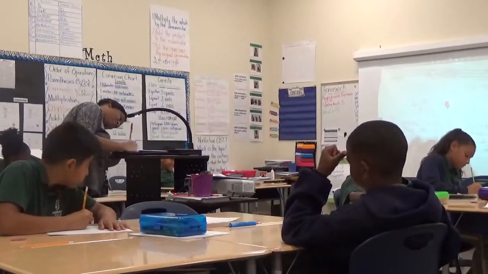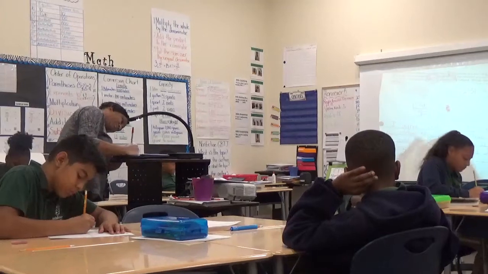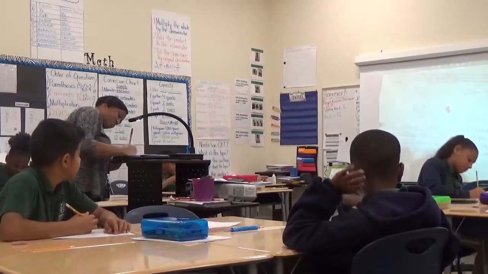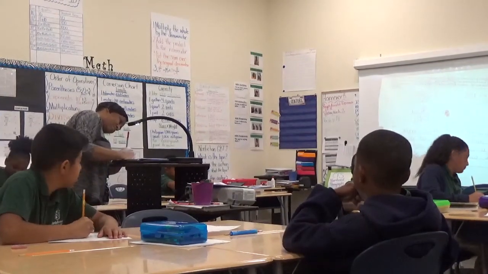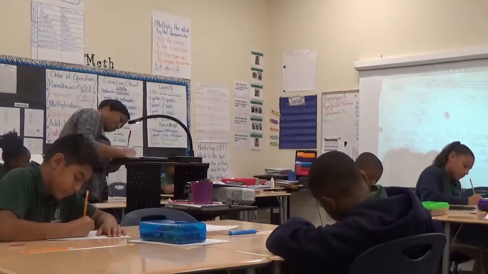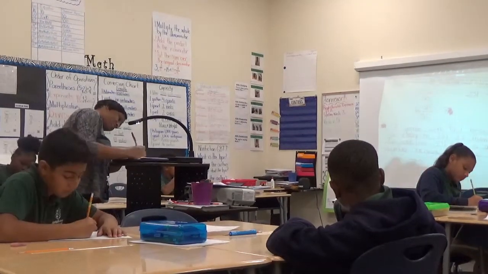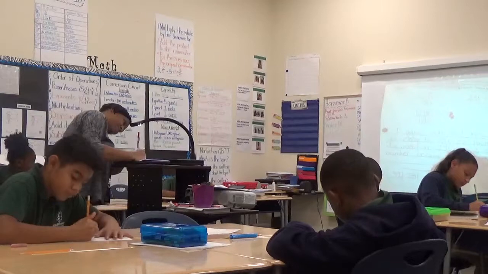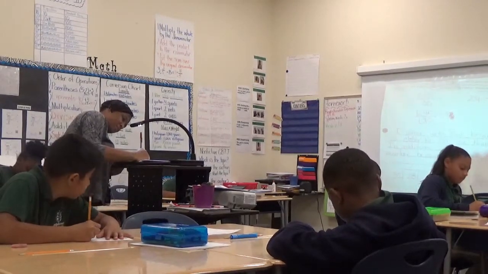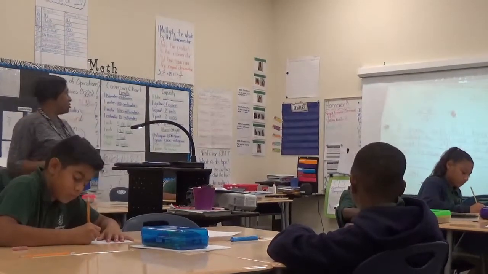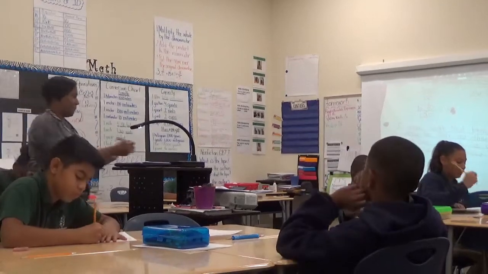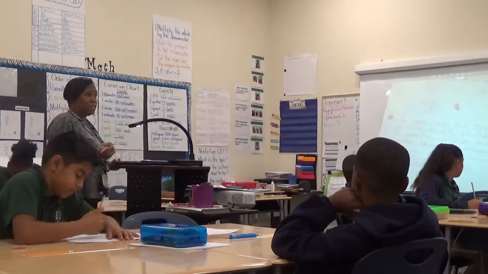So let's look at our choices. 231 divided by 32 is our actual. So we would try 200 divided by 30. How many times would 30 go into 2? 0. How many times would 30 go into 20? 0.